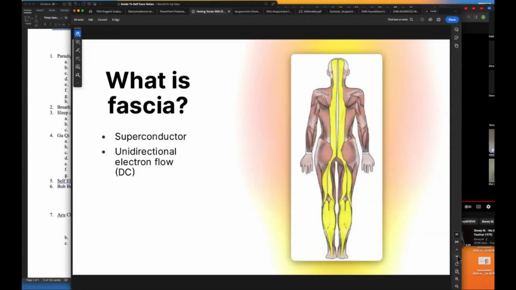Now, if you notice, the muscles of the bladder channel, the hamstrings, the calves, they're wrapped in this fascia, which means the energy from the calves cannot directly go into a different channel.